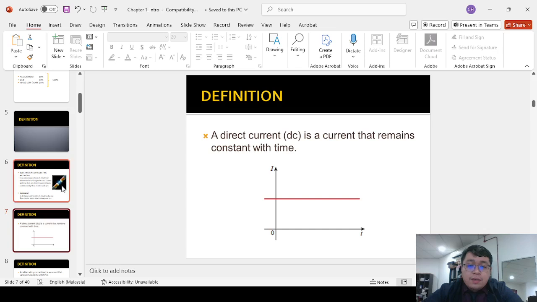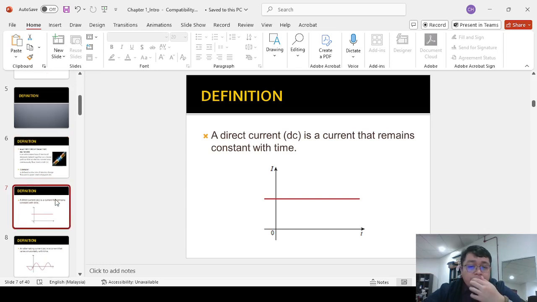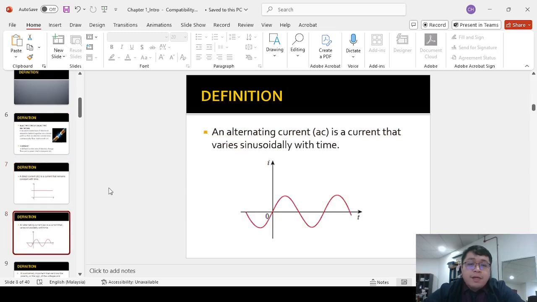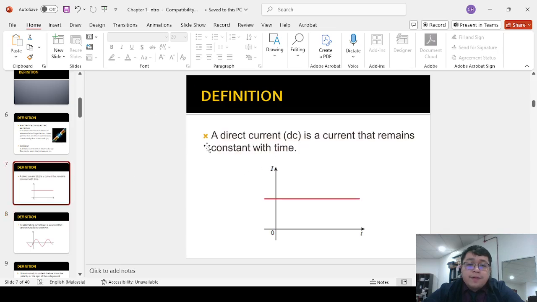There are two types of current, which are DC, direct current, and AC, alternating current. For DC, it is a current that remains constant with time. So we have a graph here, the x-axis represents the time and the y-axis represents the current.